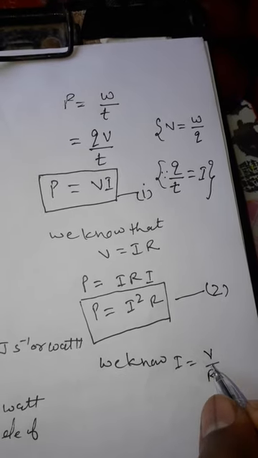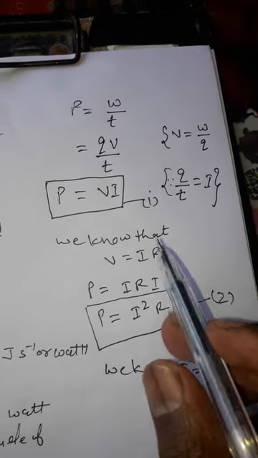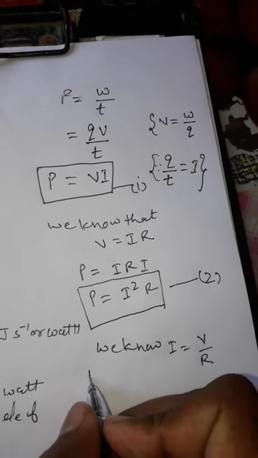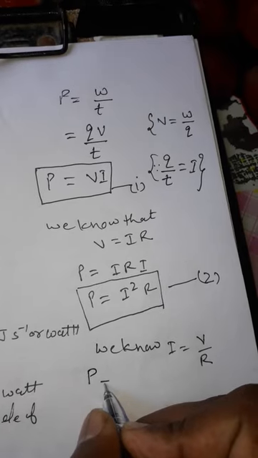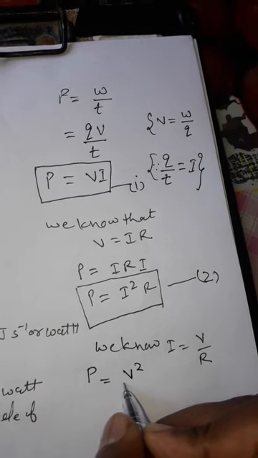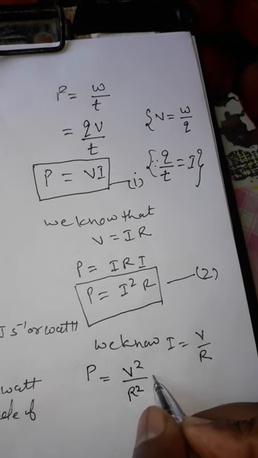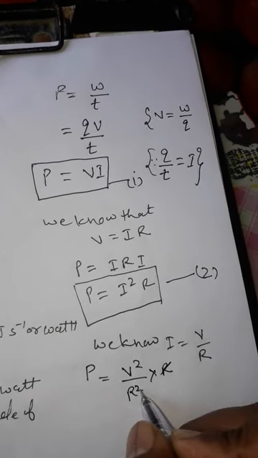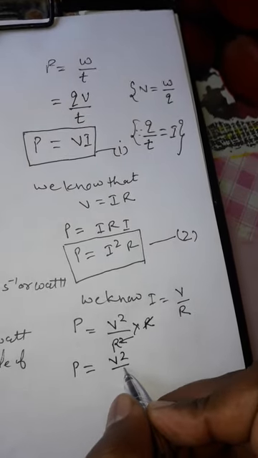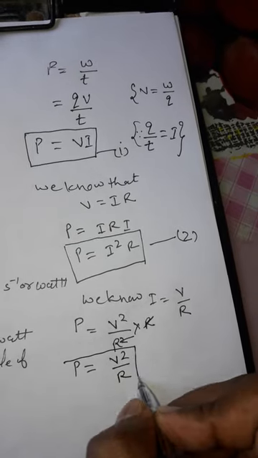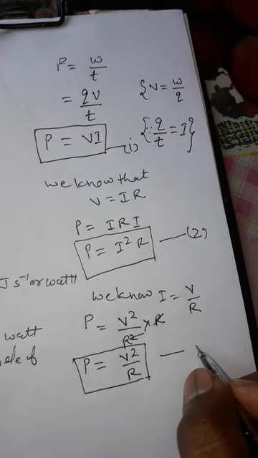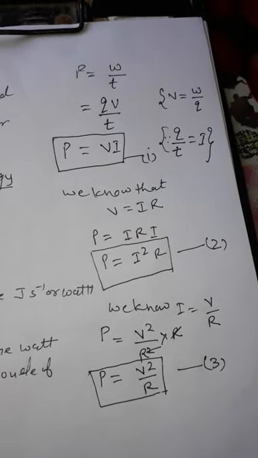Using this value in equation 2, we get P is equal to I square R, with I as V by R, so V square by R square into R. Now R cancels out and we are left with P is equal to V square upon R. This is the third relation of power in terms of voltage and resistance.